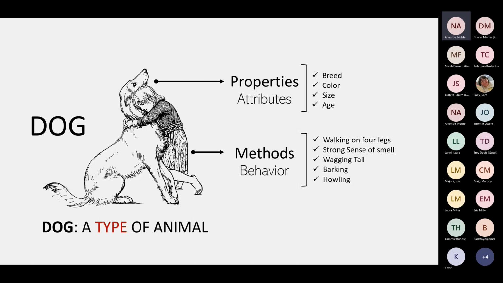It's something that's unique to them, like barking, howling, wagging their tails, a strong sense of smell, walking on four legs. All of those are methods, or the behavior of instances within that class.